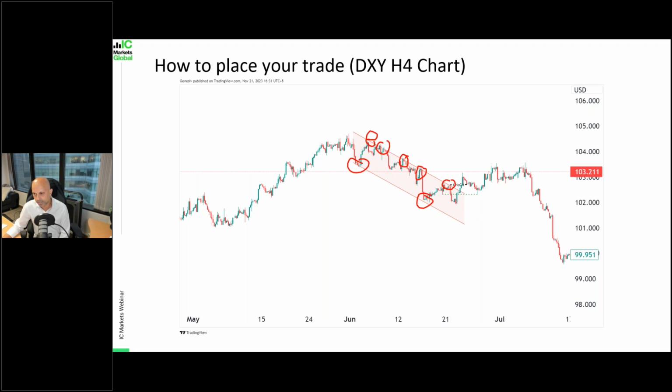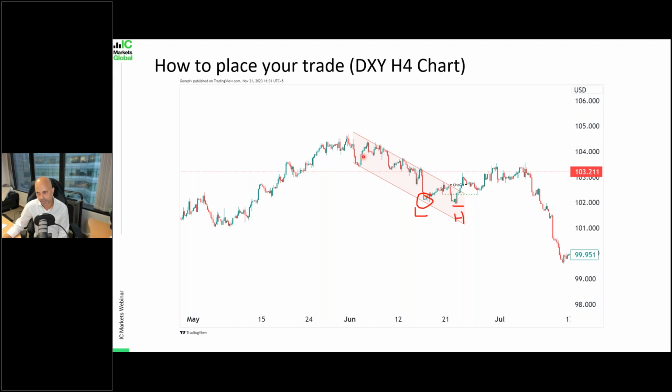And then finally, in this case, this is where the head is. In this example, this is the head, and this is the left shoulder. Once again, we can see this is a strong bearish trend.